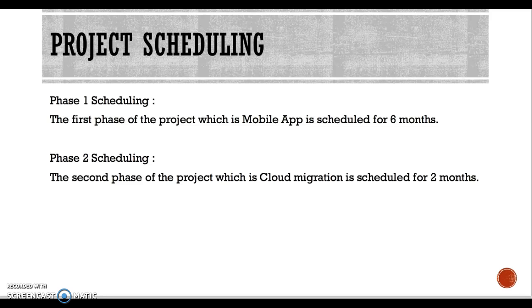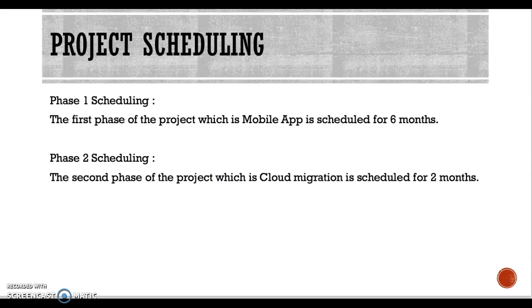Project scheduling. The phase 1 scheduling is for 6 months, because this is where we really develop the app. We remove all the old user interfaces, and we give the app the new user interfaces.